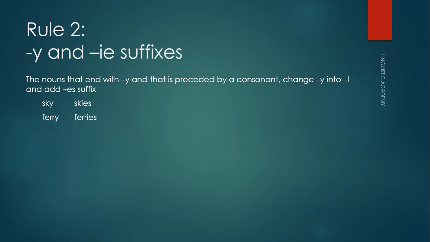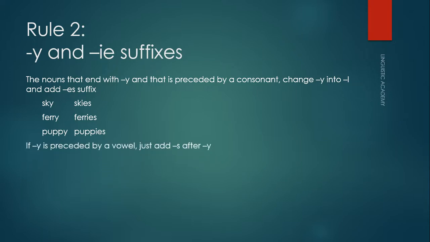Ferry, ferries. Puppy, puppies. Now you see in all these examples, the ending y is omitted. We are replacing it with I and adding es to change them into plural forms. That's why sky turns into skies, ferry turns into ferries, and puppy turns into puppies.